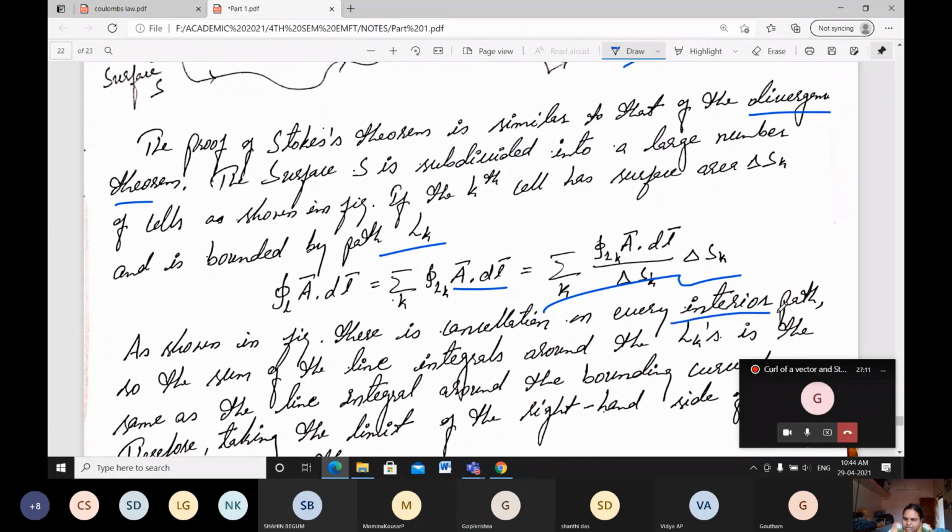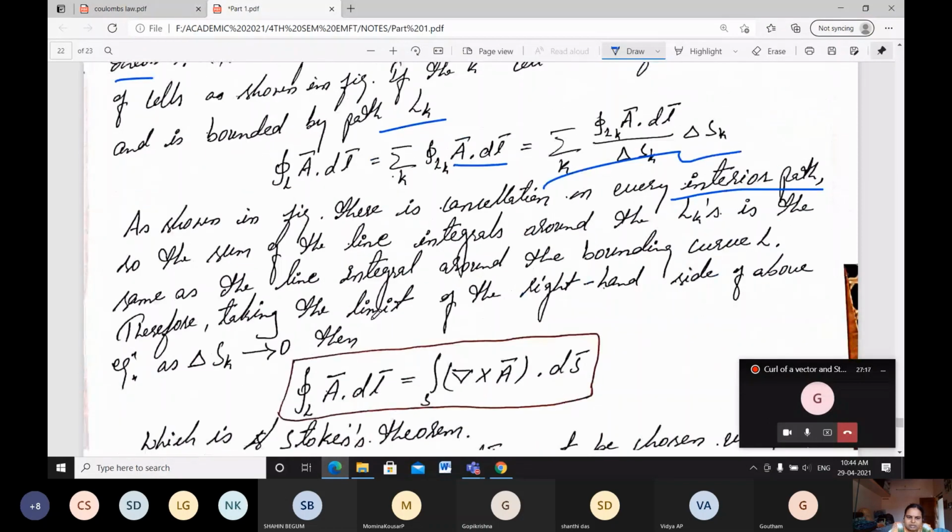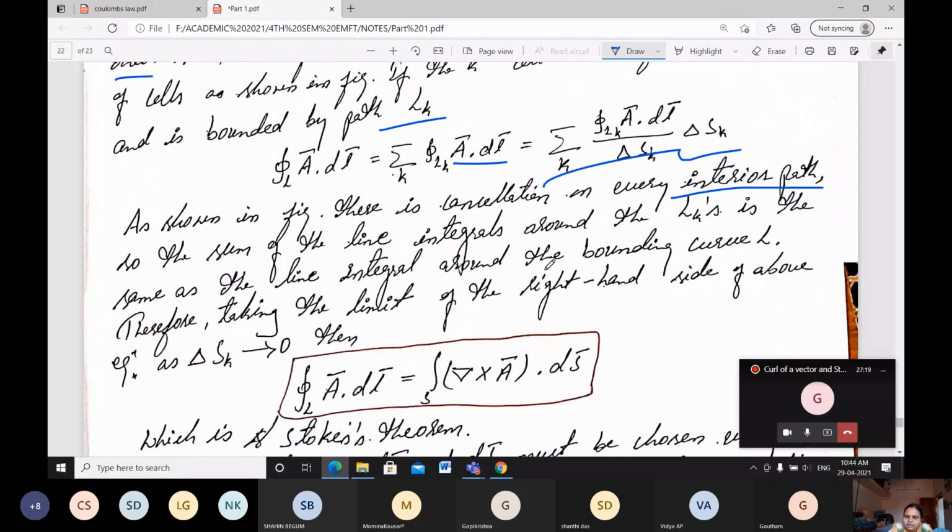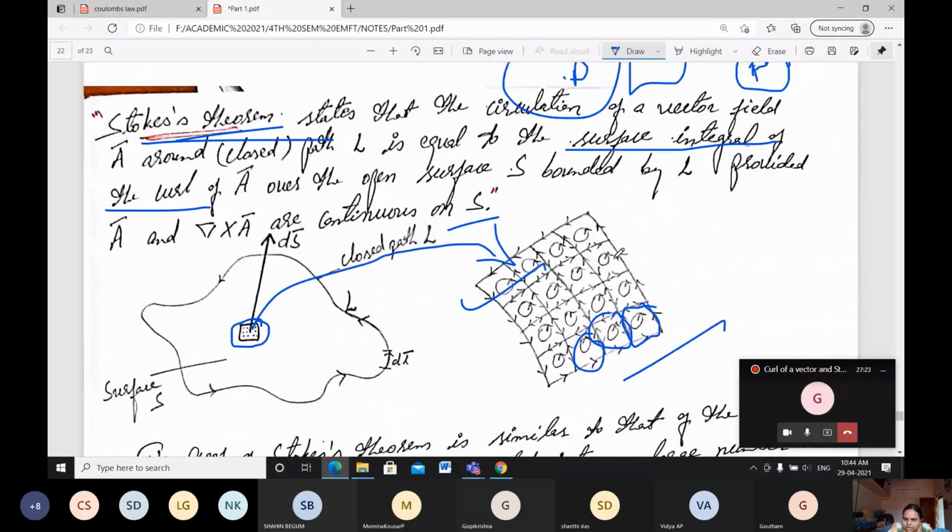every interior path. So the sum of the line integrals around the Lk is the same as the line integral around the bounding curve L. Observe here, in this direction it is moving. For this one, again just observe the direction as it is written here.